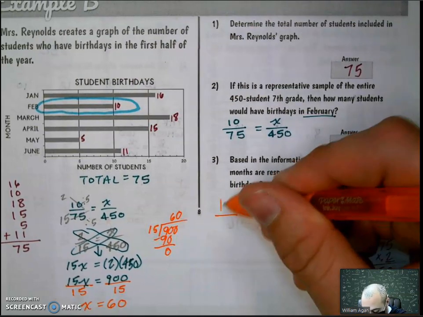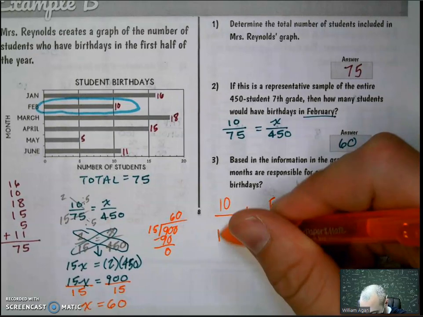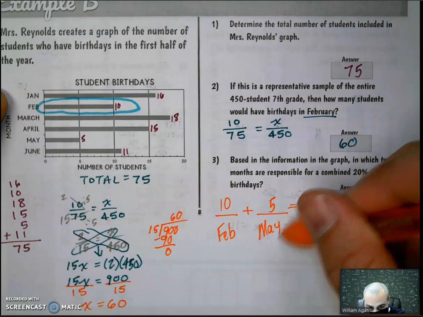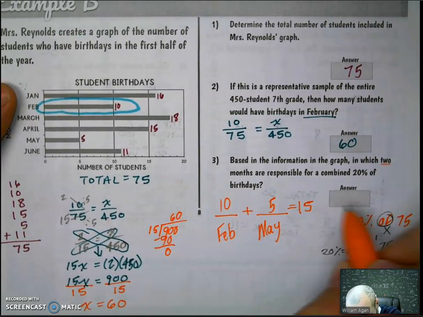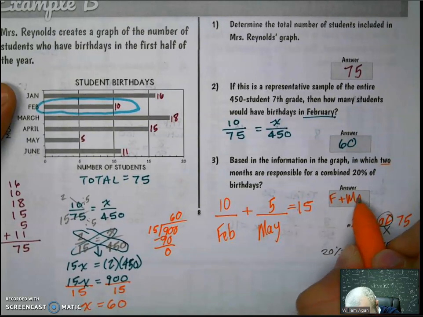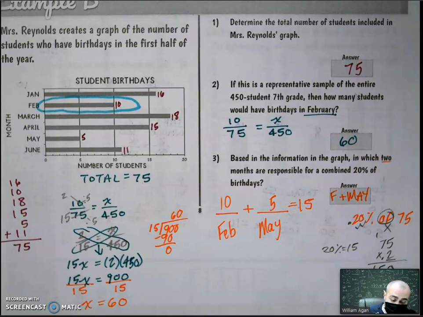There we go. 10 plus 5 equals 15. What months are those? February and May. So our answer is just February plus May. Those 2 months add up to 15 students, which is equal to 20% of the birthdays.